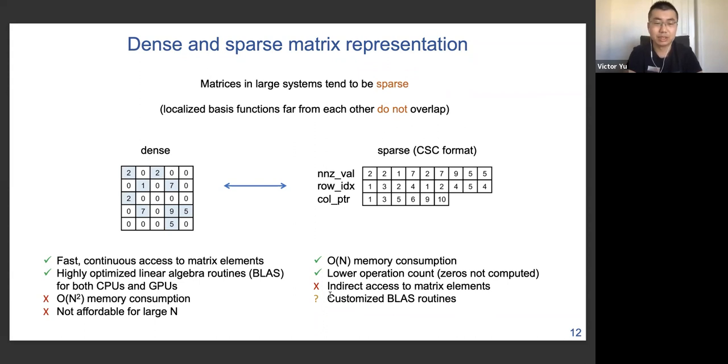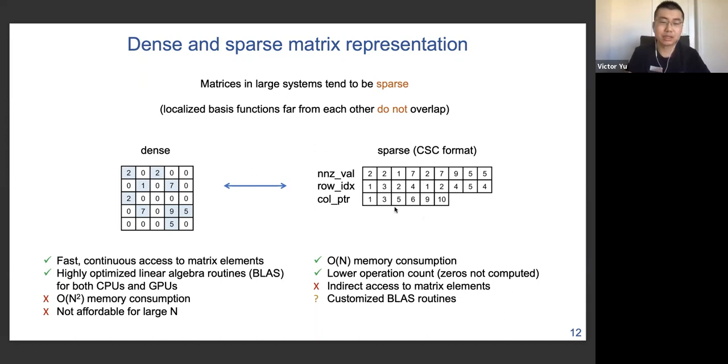And in terms of basic linear algebra operations, you may need to write your own customized routines because the existing optimized routines mostly target dense matrices. Nevertheless, PEXSI uses the sparse format to reduce memory and to lower the operation count.